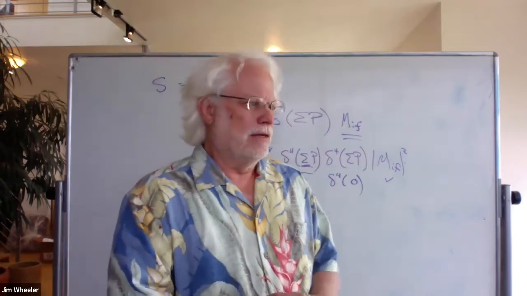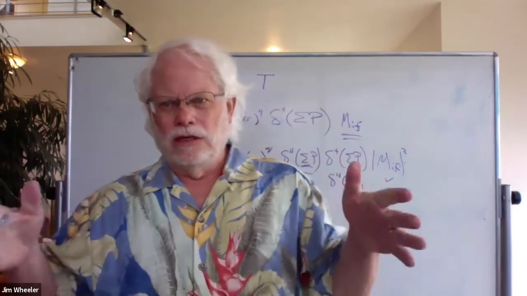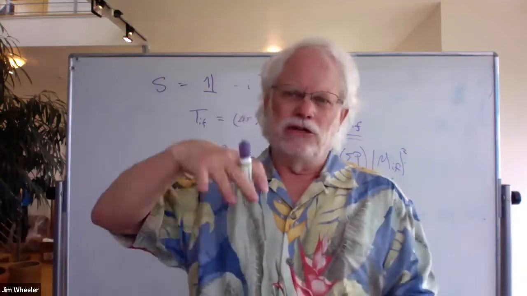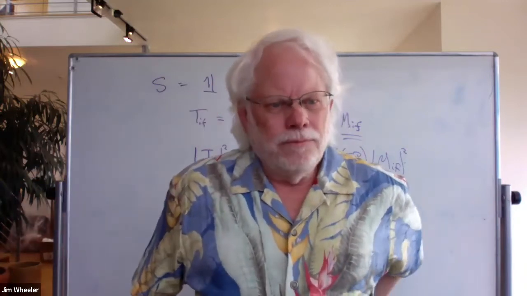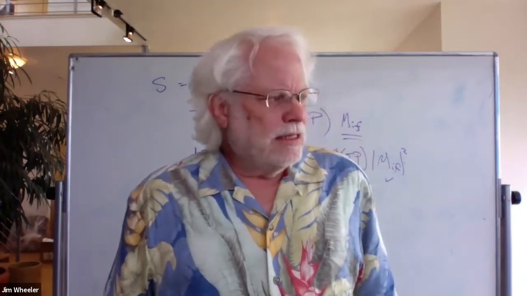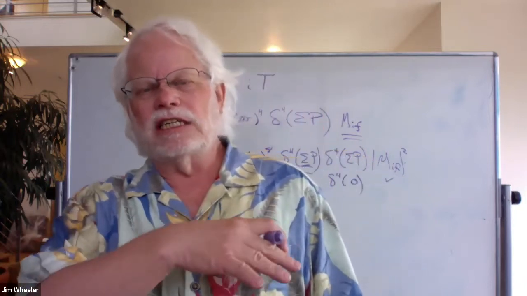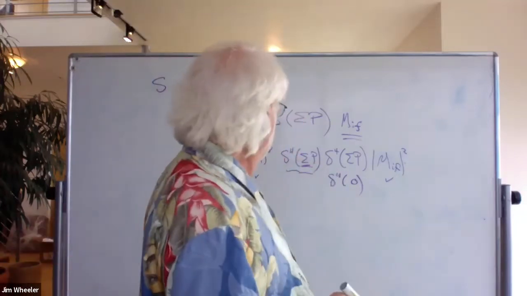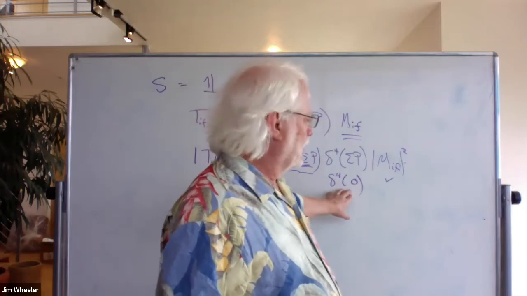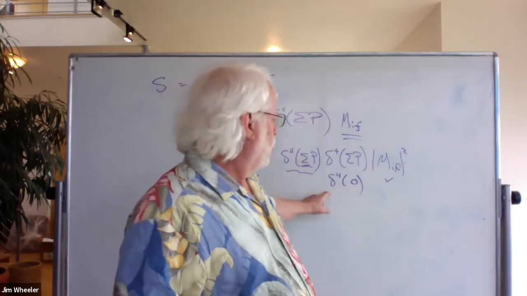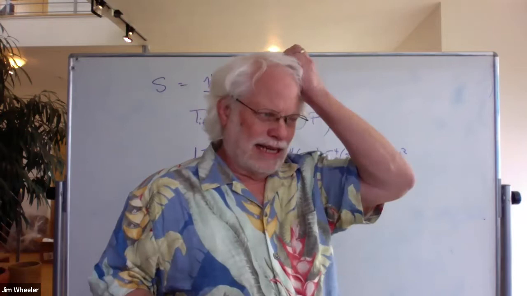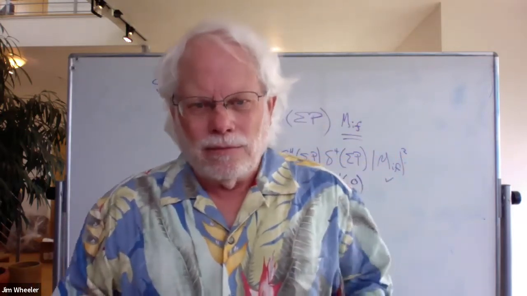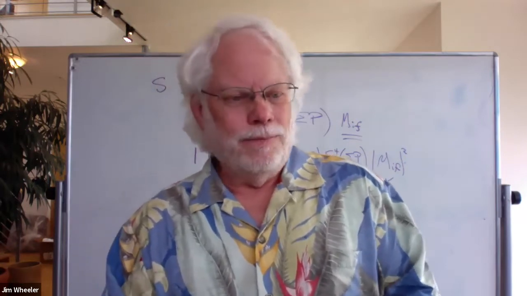If we restrict our attention to a finite box, say a cube of length L and duration capital T, then the momenta within that box become discrete. The integrals turn to a sum, and we can come up with an expression for that sum over the volume of the box, and it ends up being proportional to the volume of the box.